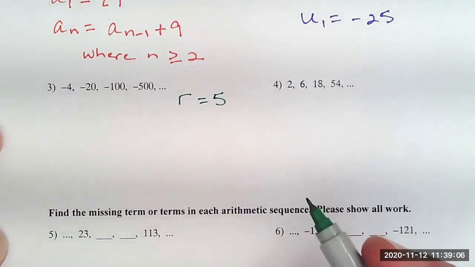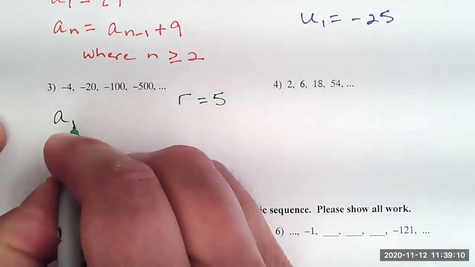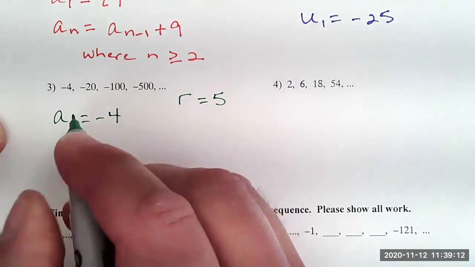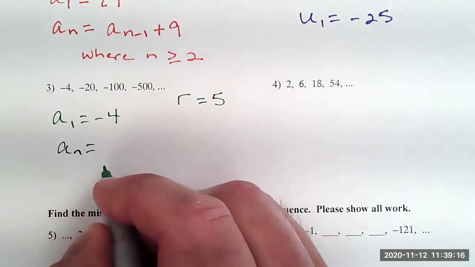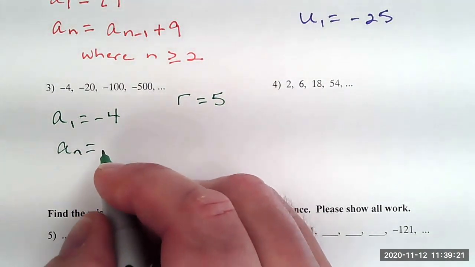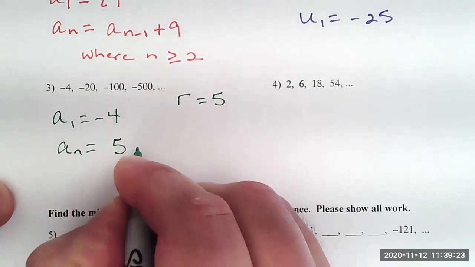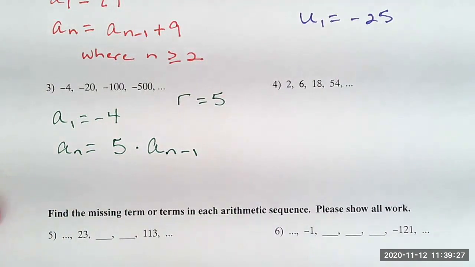So it's geometric. And my recursive formula is my first term is a negative 4. Every other term is equal to the term that comes before multiplied by 5. Or I can say 5 times the term that came before.